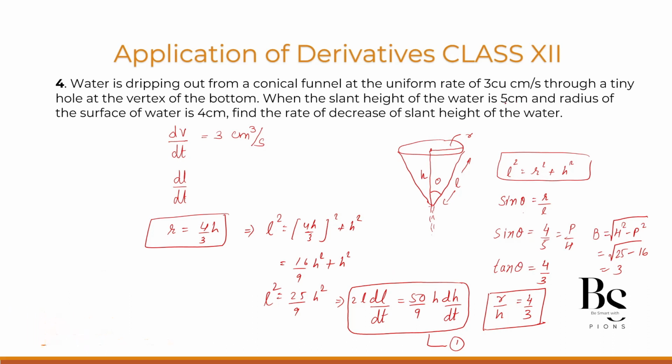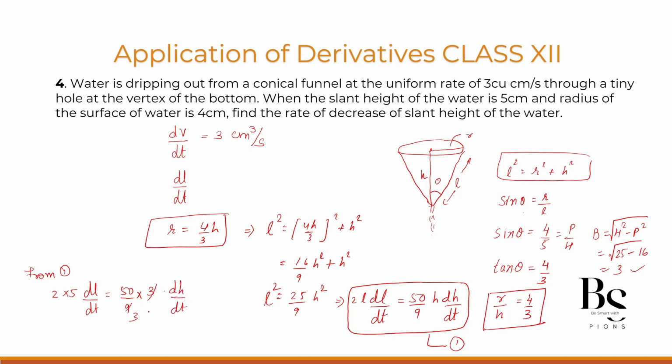So the L value at that instant when it was 5 and 4, now I'm taking equation 1 here. L value is how much? Sir, the L value here is the slant height, 5. So 2 into 5 dL by dt is equal to 50 by 9 h. How much is h at that time? We calculated it over here on the right corner. It's 3 dh by dt.